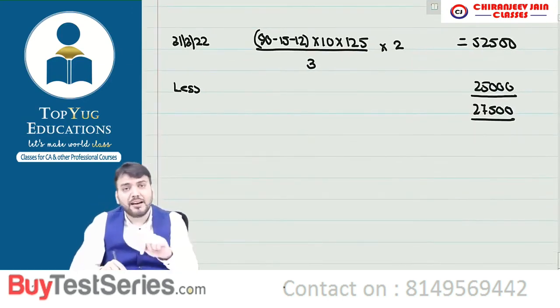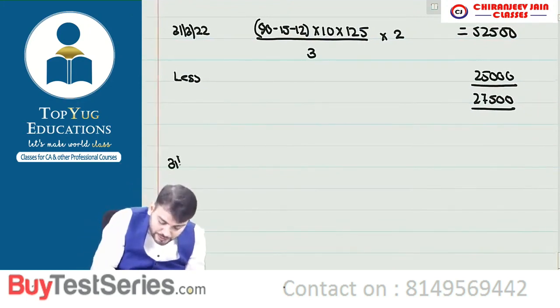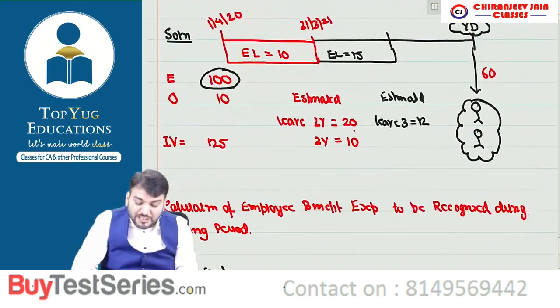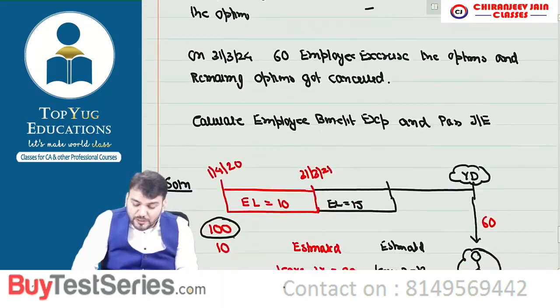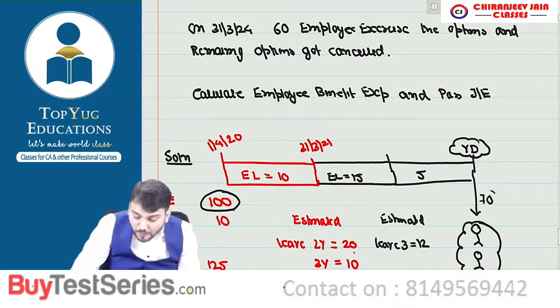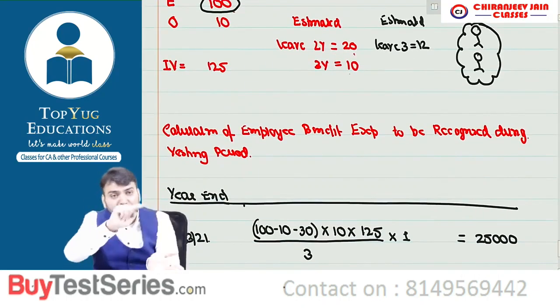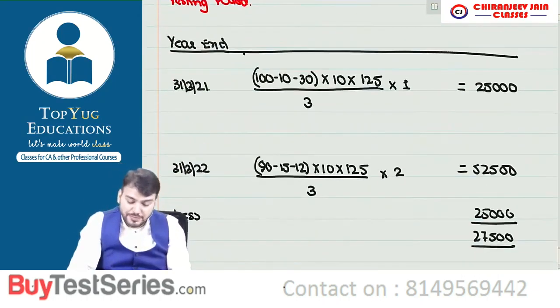And in the third year, we will take the actual number of employees only. The third year, 31st March 2023, how many employees vested the option? 70. Means 5 more left. So now the actual number of employees who vested the option is 70. Means we recognize the expense based on 70. So the correction happens automatically. Correct. Yes sir.